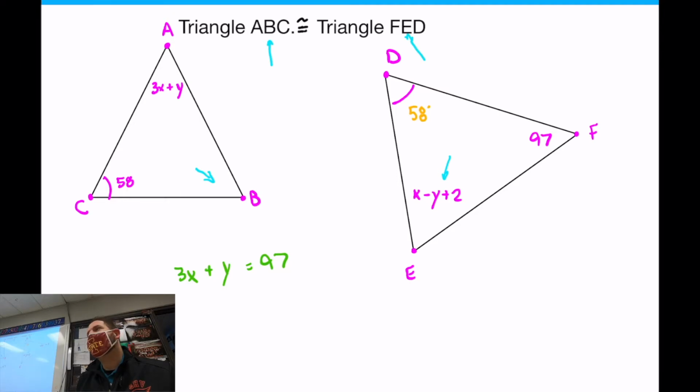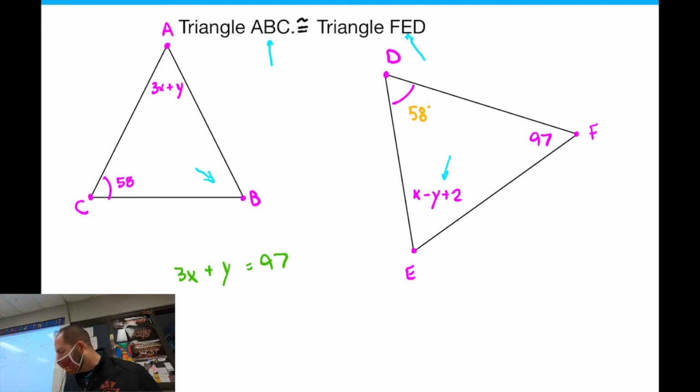What do triangles add up to be? 180, right? That's our first theorem we had way back in section 4.1. Since a triangle has to add up to be 180, I can figure out what angle E is because you take 180 and you subtract these other two numbers, 58 and 97. If you take those angles away, I can figure out what angle E is, and that's the same as angle B. So let me do that in my calculator here. 180, I'm going to take away the 58.